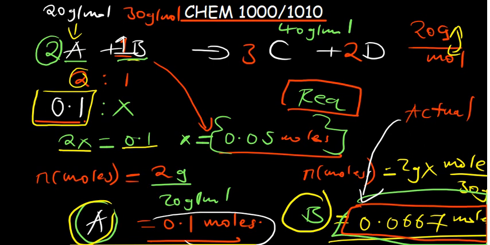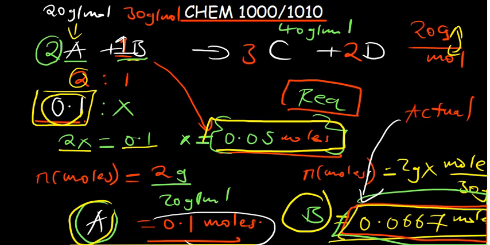What you have is the required number of moles are less. What is needed to react with the available number of moles of A? Only 0.05 moles. That is what is required only. Now, what is required is basically less than what is available, meaning that what you have is more than what was required.